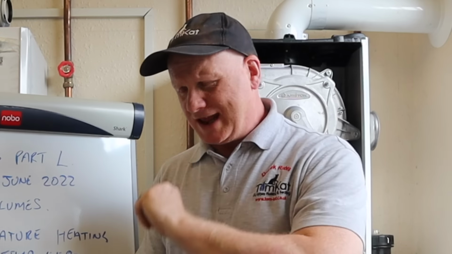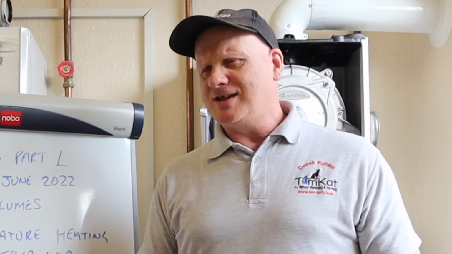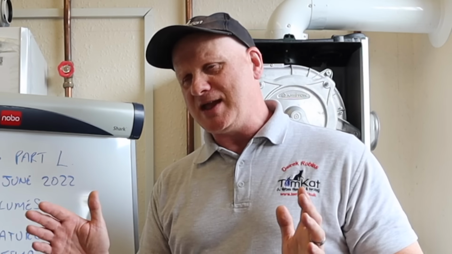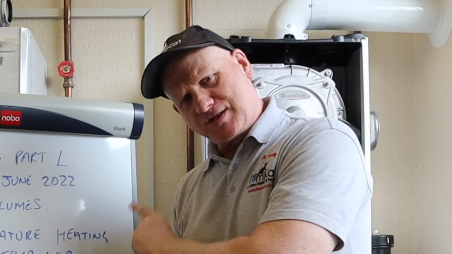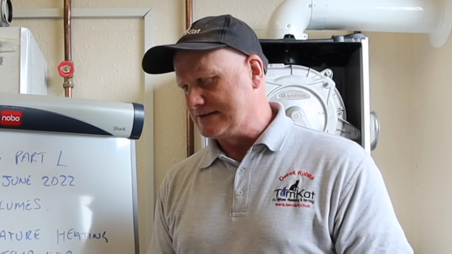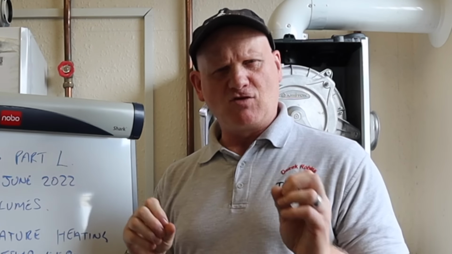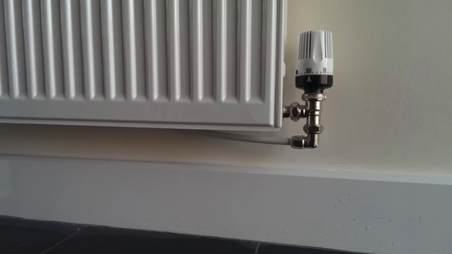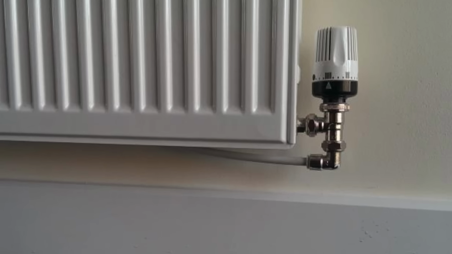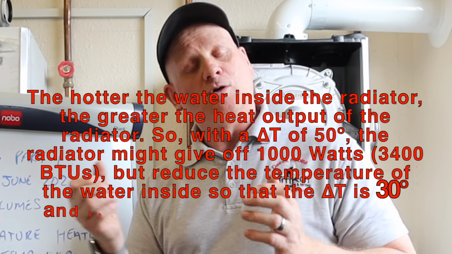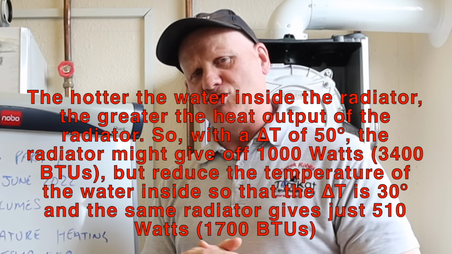But luckily enough for us, most plumbers and gas engineers have been oversizing radiators for years, so your radiators could actually be the right size for lowering your temperature to 55 degrees. But it could be the pipework coming in to the radiator, because if you've got 8 or 10 millimeter pipes, or the small pipes coming into your radiator, then there might not be enough water delivered to come into that radiator to give you the temperatures.